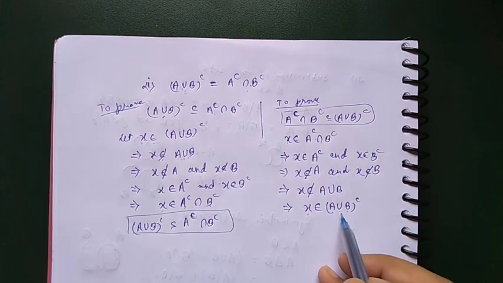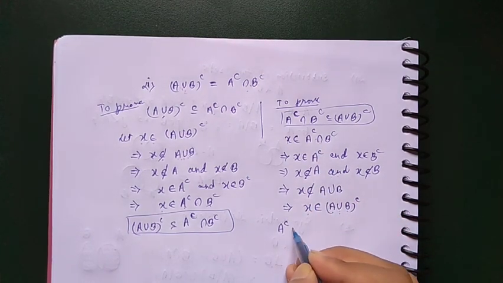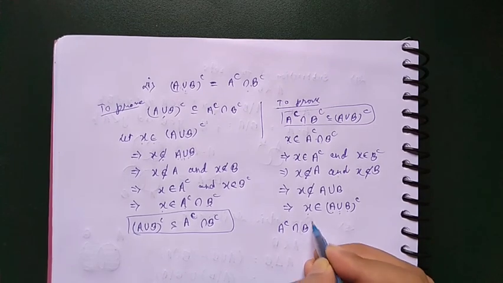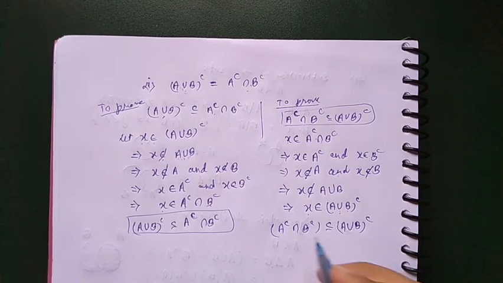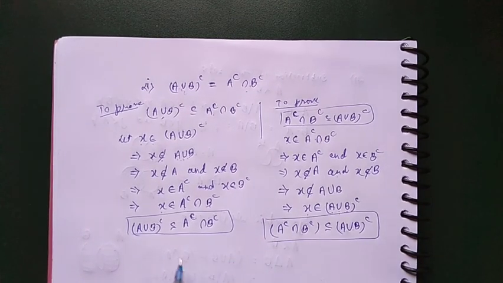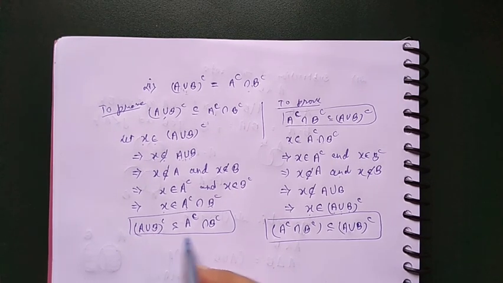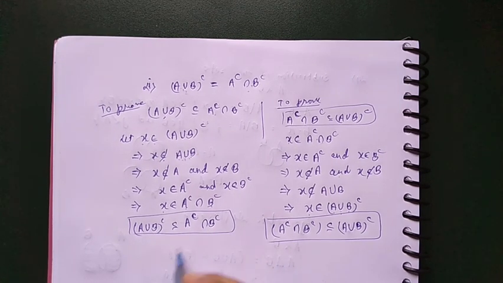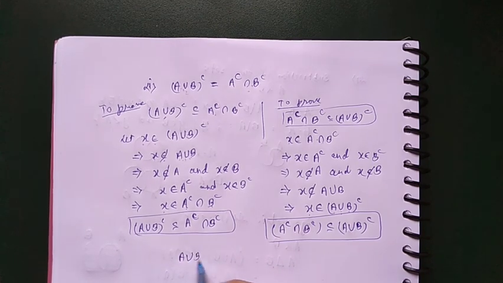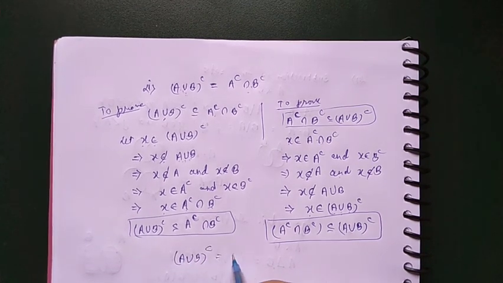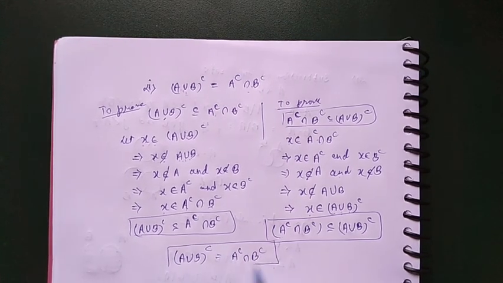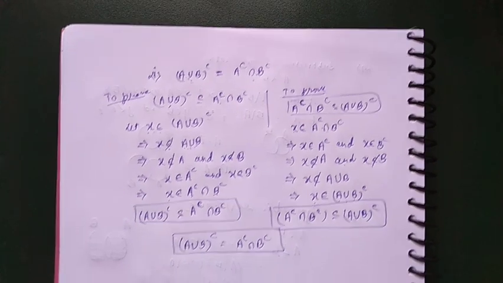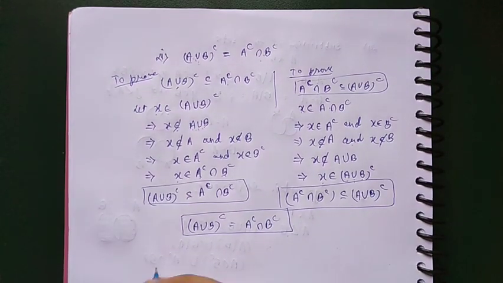So A complement intersection B complement is a subset of A union B whole complement. So by these two we can easily say that both these sets are equal. A union B whole complement is equal to A complement intersection B complement. So we have proved the first law of De Morgan's.